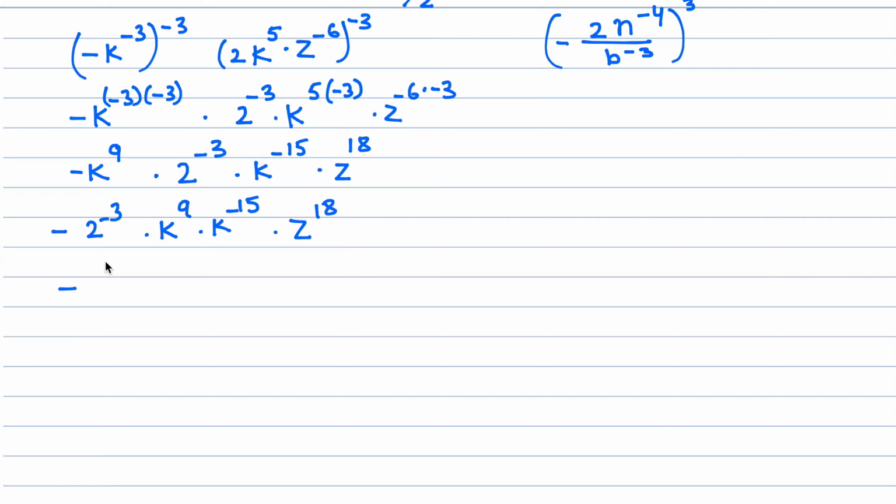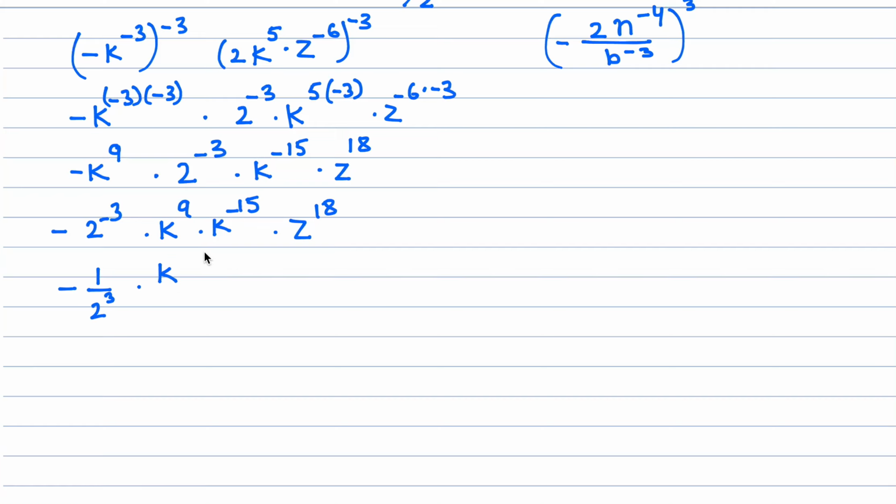So negative, because I have to answer my question in positive exponents. So this 2 to the power negative 3, this negative sign will not be affected. Why? Because this is in multiplication, not in the power. So it will become negative 2 over 2 to the power 3, correct?